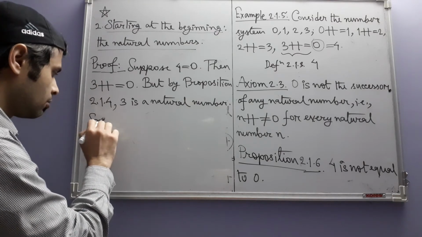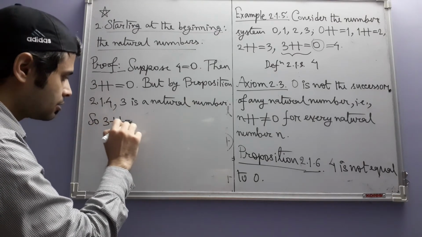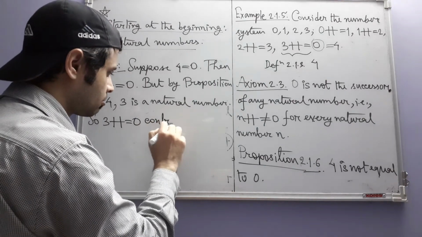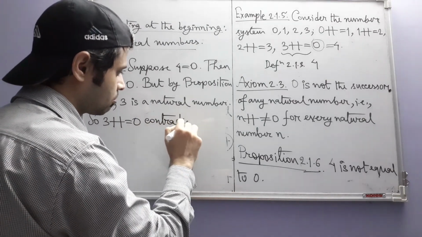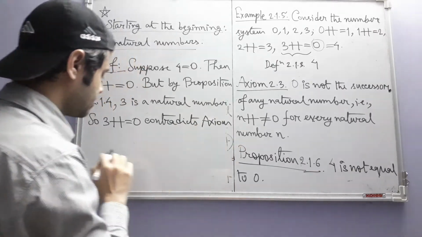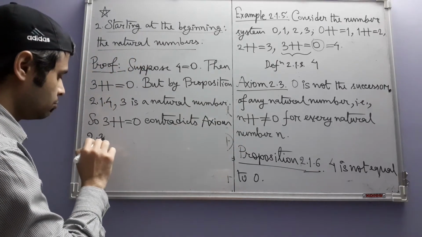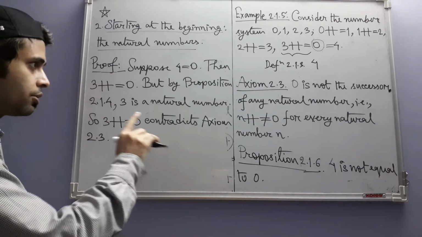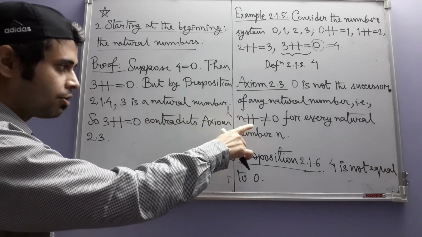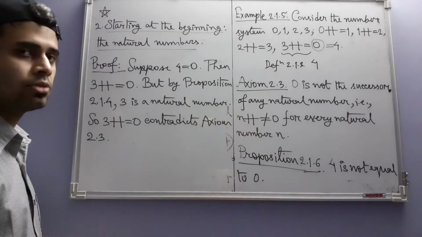So 3++ is equal to 0 contradicts axiom 2.3, because this axiom says that the successor of no natural number is equal to 0.